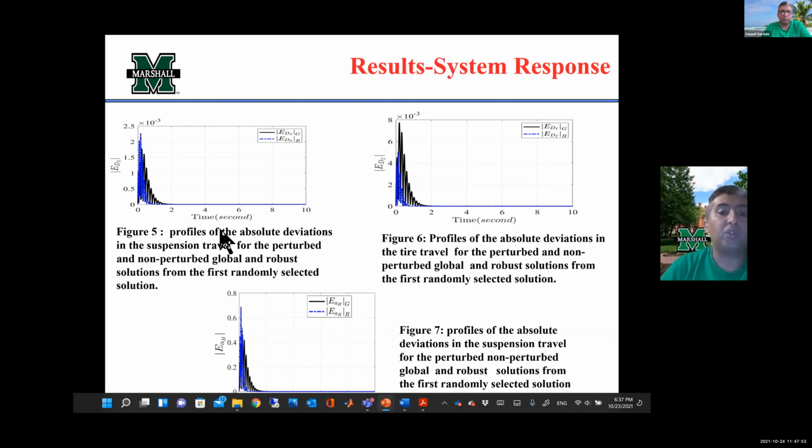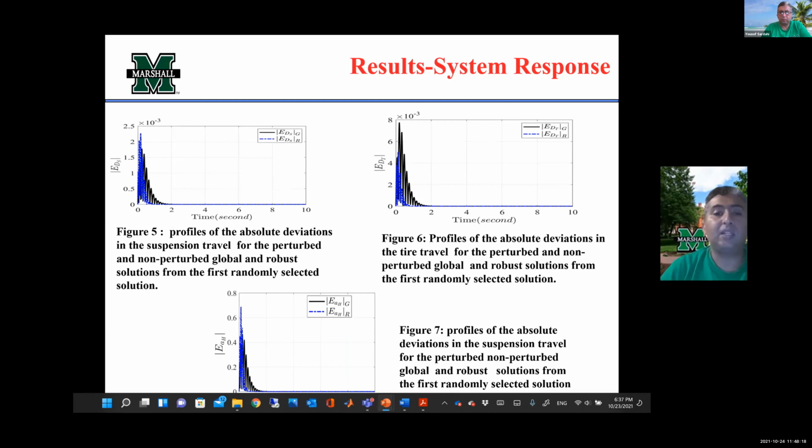So here we show the profile of the absolute deviation in the suspension travel, and also in the tire travel, and also in the head acceleration, okay, for the perturbed and non-perturbed global and robust solutions. So we take the robust solution and also the global one. The global solution is like solving the multi-objective optimization without considering the variation in the design parameters.